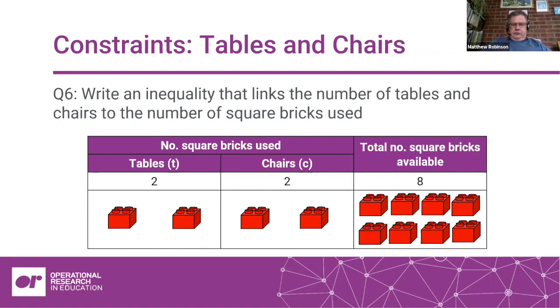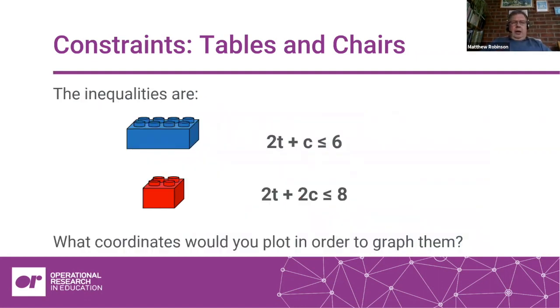So I'm sure most of you will have reached this point by now. And so the inequality for the rectangular bricks: remember, for each table, we use 2 of these bricks, and for a chair, we use 1 of these.